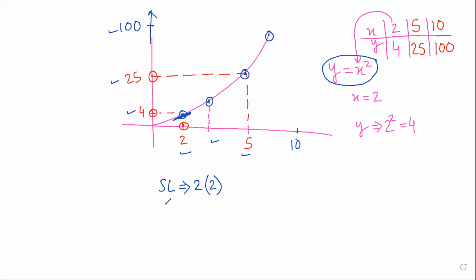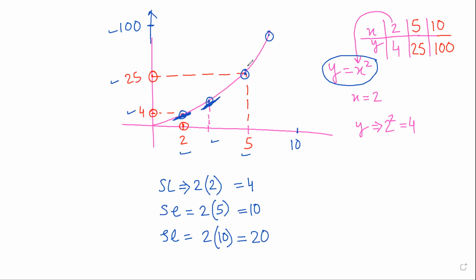That is it. If I want to find the slope at a point x is equal to 5, the slope would be given by 2 into 5. If I have to find the slope at point x is equal to 10, the slope would be 2 into 10. Is it making sense or not? So here the slope is 4, here the slope is 10, here the slope is 20, and I can see the slope of the curve increasing. Is it making sense?